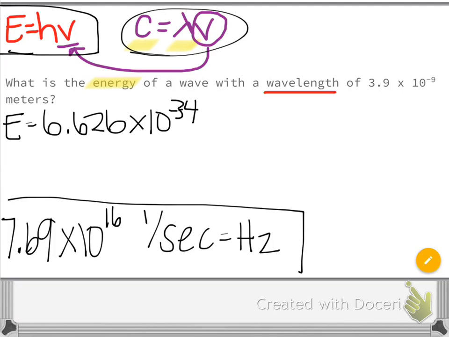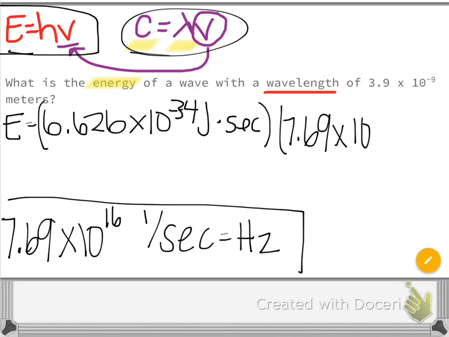Right, it's a constant. Joules times seconds. And we're multiplying that by 7.69 times 10 to the 16th, 1 over seconds. That number came from here.